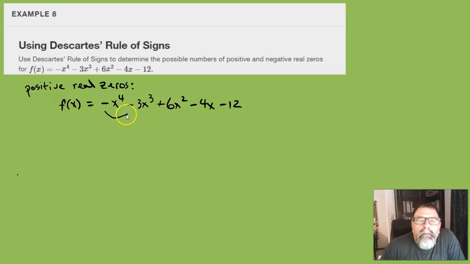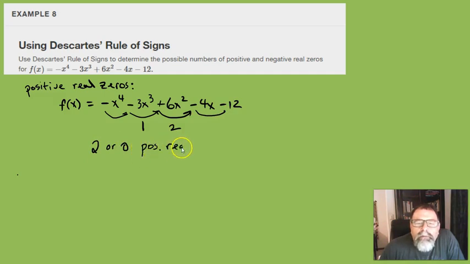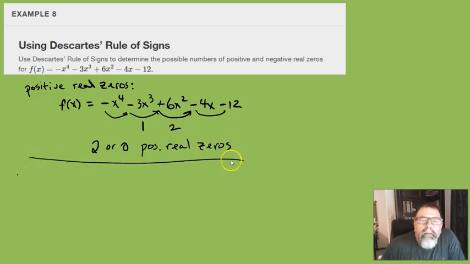And we got negative, okay, positive. So there's a flip-flop, positive to negative. There's our second one. And then that's it. So just 2 or 0 positive real zeros. Okay, now we're going to do the negative one.